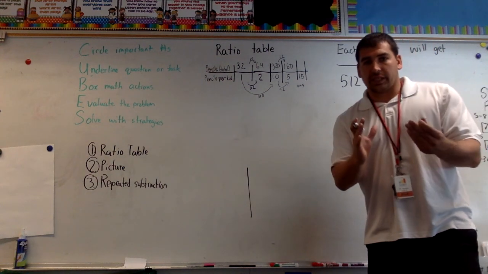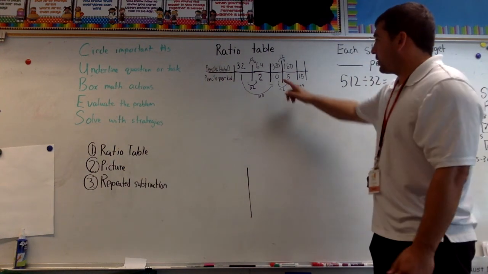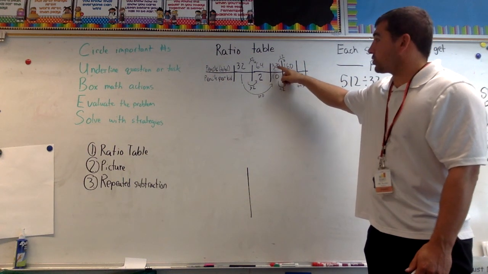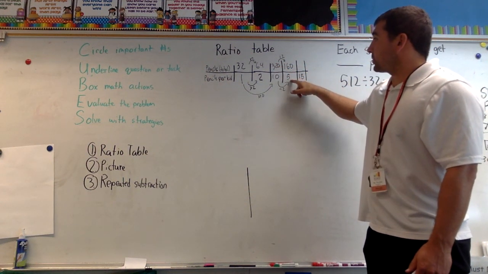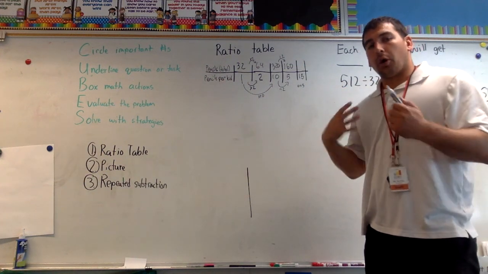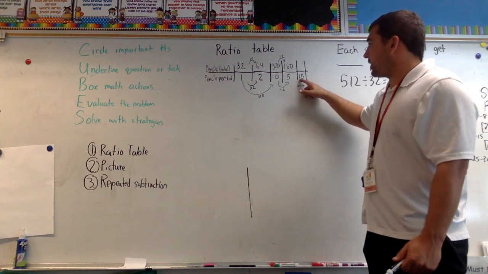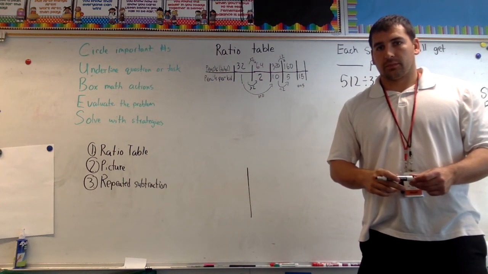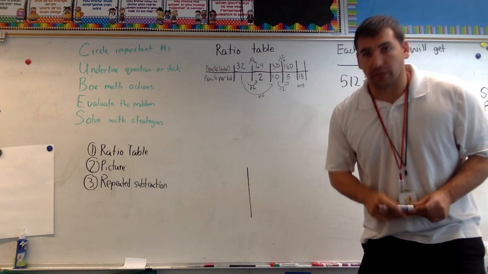Now I want you to pause it and think about the next step. 10 pencils per kid were 320 total. 5 pencils per kid were 160 pencils total. So pause it and try to figure out what it is going to be if we do 15 pencils per kid. Did you pause it? If you didn't, pause it. Try it.